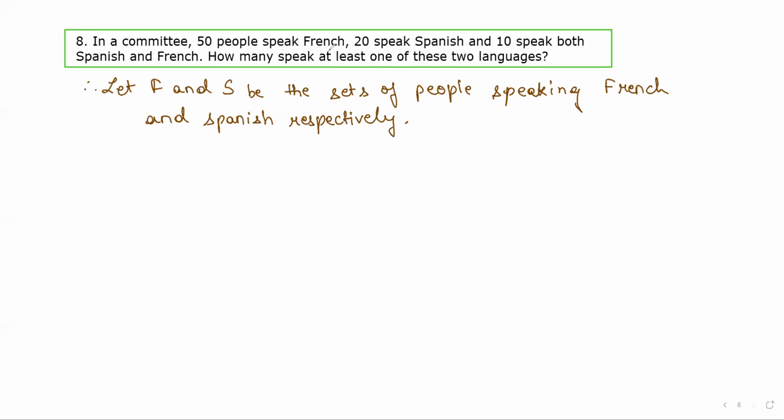This is the case when 50 people speak French. n of F is given as 50. 20 speak Spanish. n of S is equal to 20. 10 speak both French and Spanish. So n of S intersection F is equal to 10. Now you're supposed to calculate those people who speak at least one of the two languages.